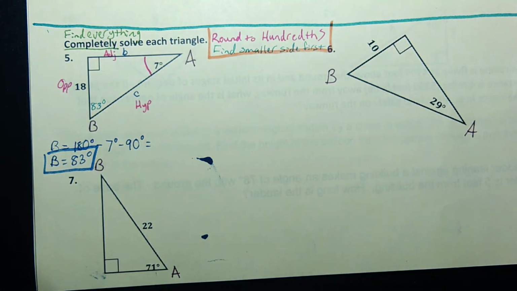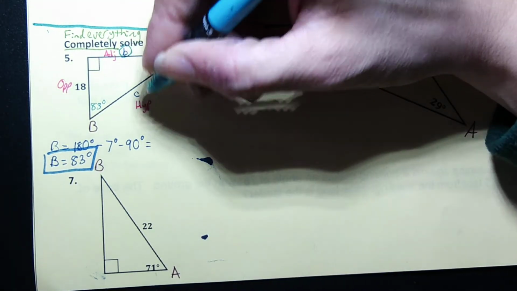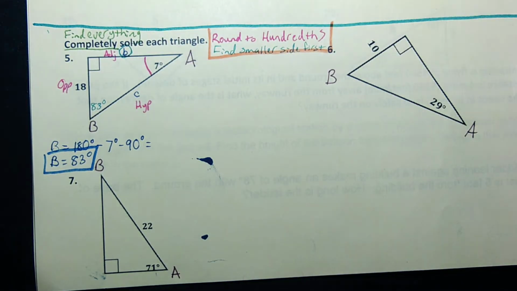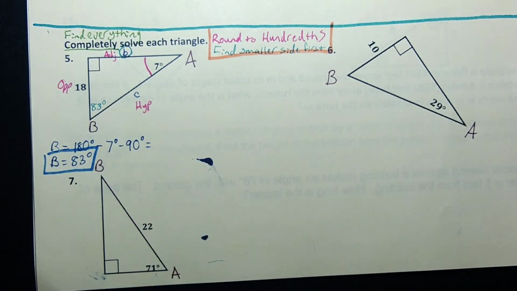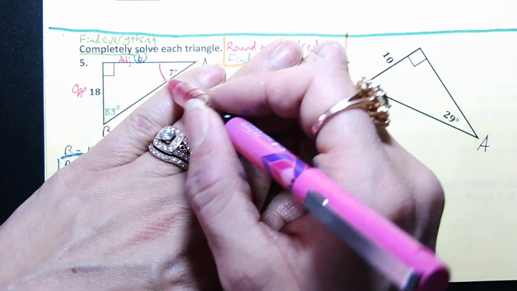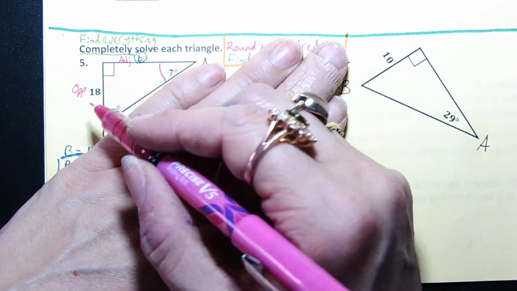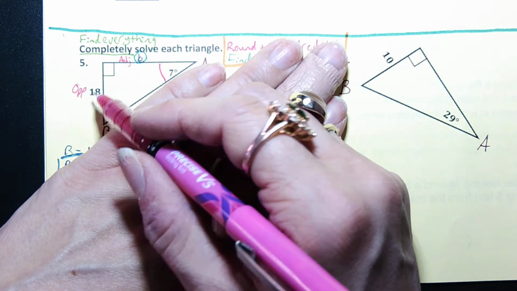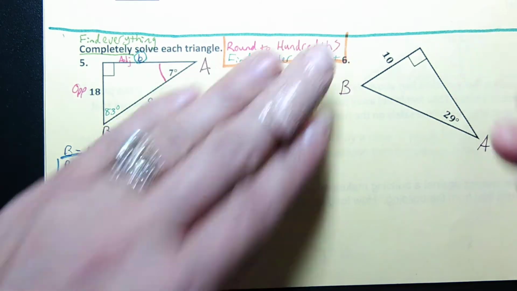So if we want to find the smaller side first, who's smaller, B or C? It's got to be B, because C is the hypotenuse, which is by definition the longest side. So we're going to start by trying to find B first. So using my given information, we've got 7, the angle, opposite side we know, and we're looking for the adjacent side.